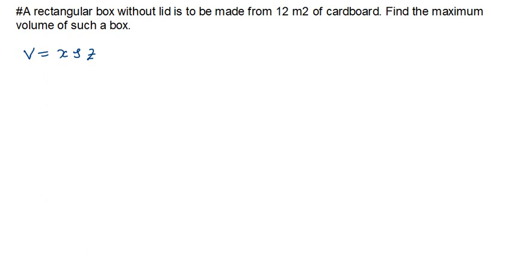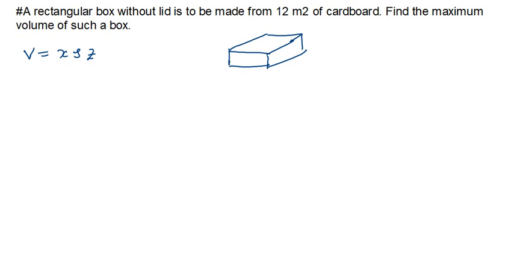Now one thing is that I'm given the area, and the box that I have does not have a lid. So the box does not have a lid, meaning it's open on the top. So you have a box that is in this form. On the top here it's not closed, it's open.